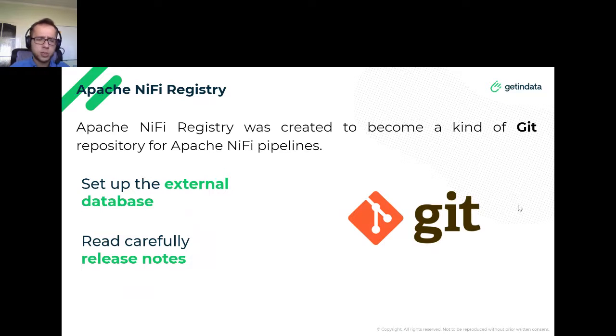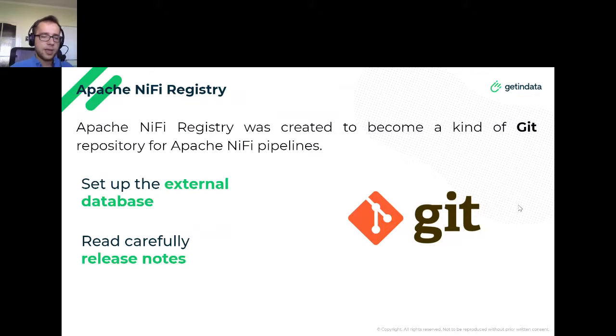So the NiFi Registry should be treated like a kind of Git repository for NiFi pipelines, because under the hood it uses a different structure, and detecting changes works in a bit different manner. But it's a tool that can currently be used in production, especially as we have a mature release of the NiFi Registry.